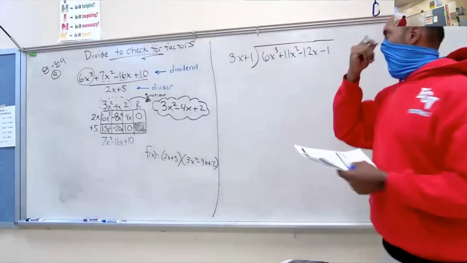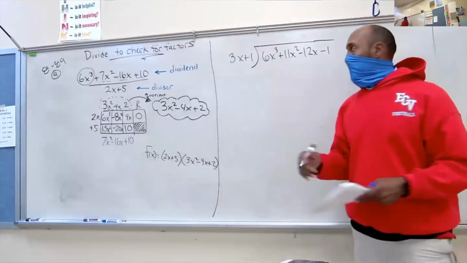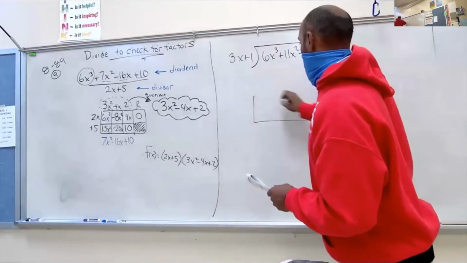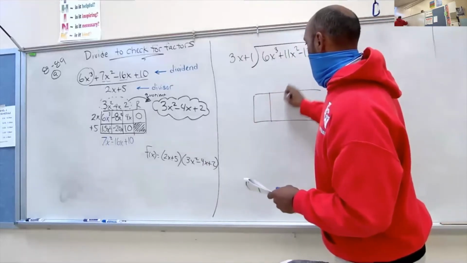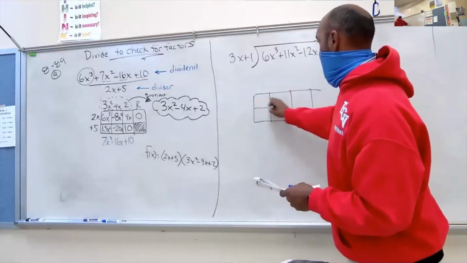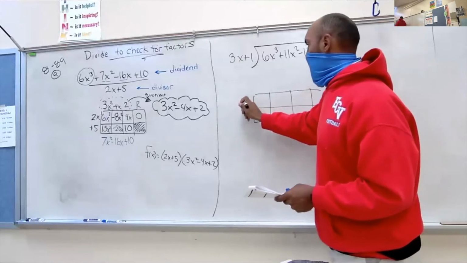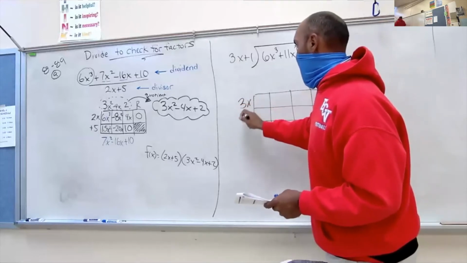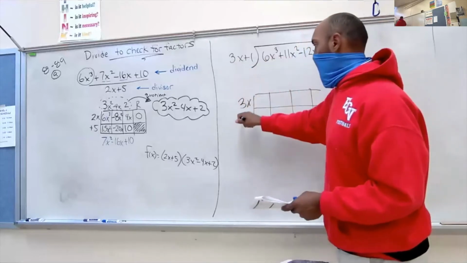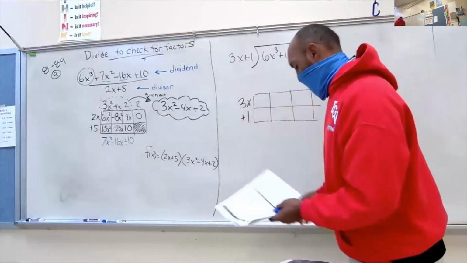Setup still the same. Set up my box. 3x plus 1, divisor goes to the left. 3x and plus 1.